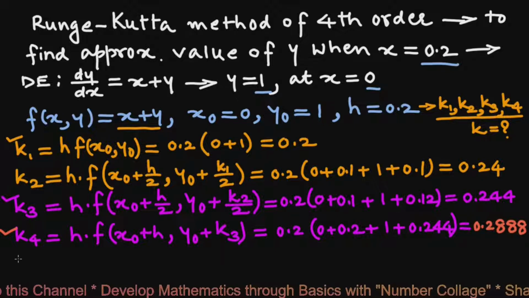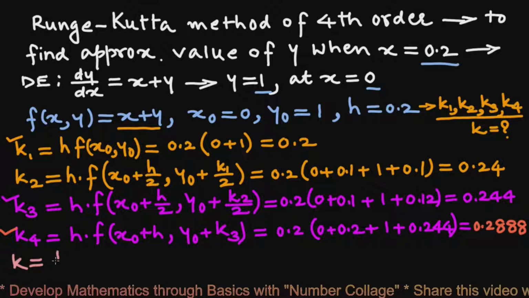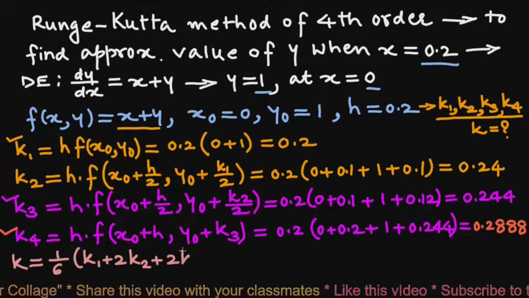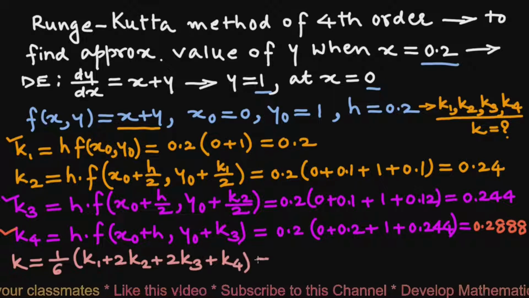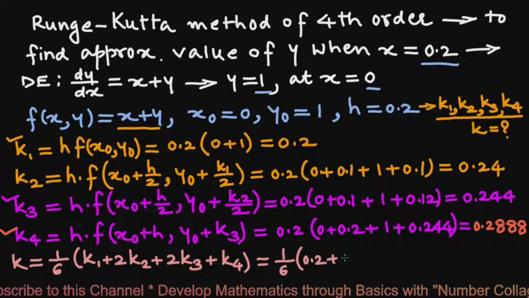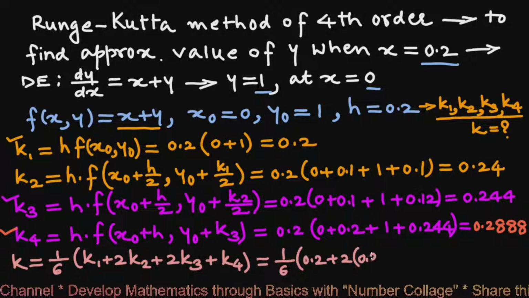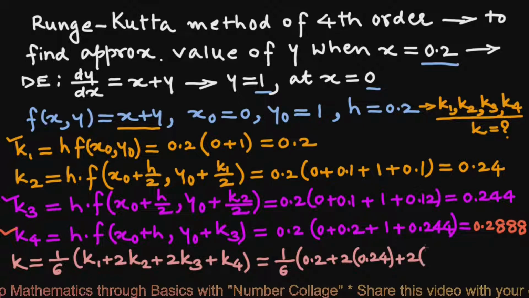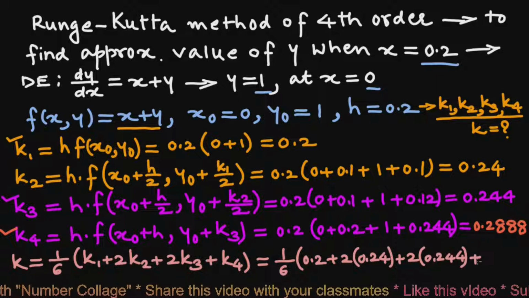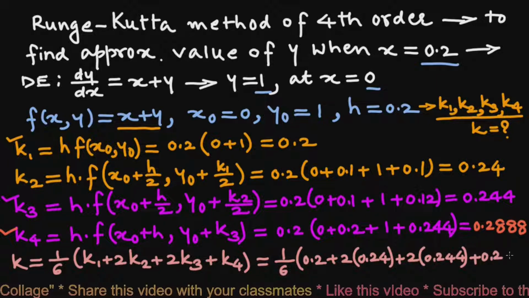Now we are ready to find k, which is 1/6 of (k1 plus 2k2 plus 2k3 plus k4). So that will be 1/6 of (k1 0.2 plus 2 times k2 0.24 plus 2 times k3 0.244 plus k4 0.2888).